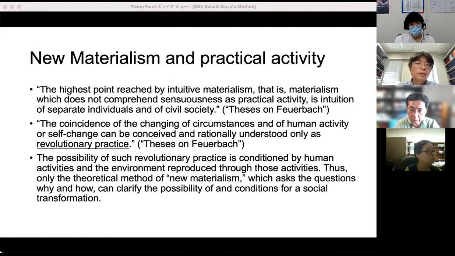The third characteristic of new materialism is that it criticizes the old materialism that is based on the standpoint of bourgeois society.